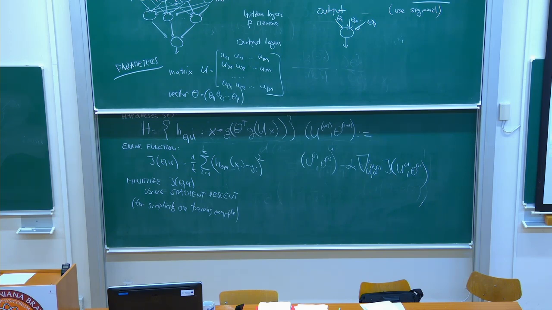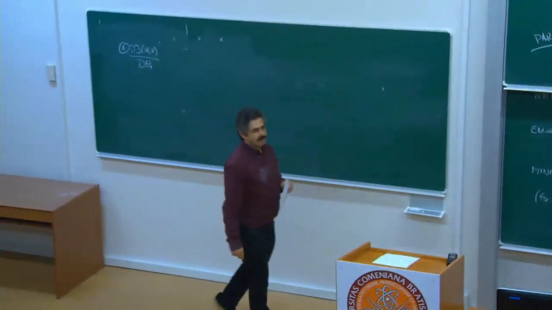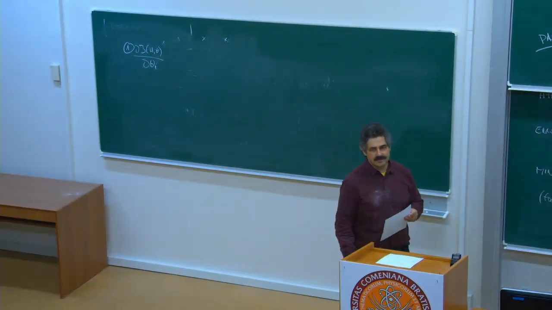So we are doing the derivative of J(u, theta) over theta i. Okay, so what are we going to do?